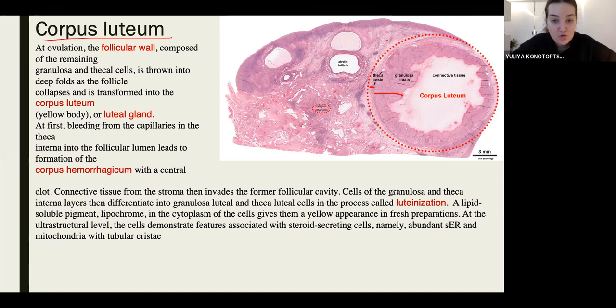So this LH forces the remnant cells of this follicle to become theca interna lutein cells and granulosa lutein cells. This process is called luteinization. So again, super high presence of LH converts the remnant cells, theca interna and granulosa cells, into lutein cells. So what do lutein cells do?